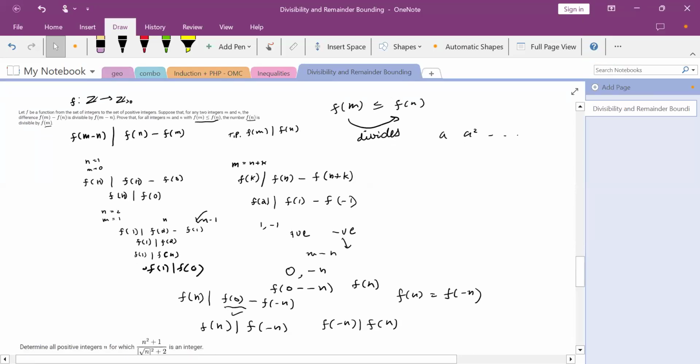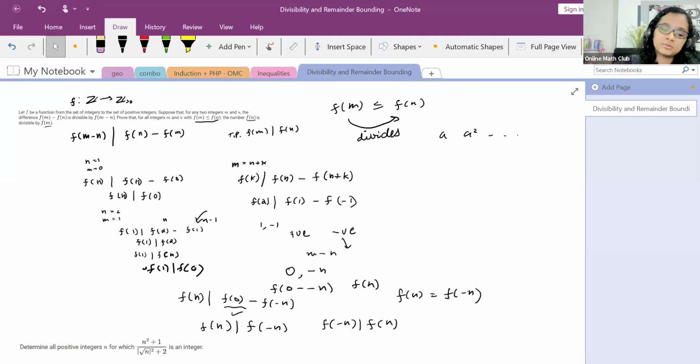I am thinking like putting n equals m minus 1. Your voice is kind of low. N equals m minus 1. Okay, so then you're getting... yeah, this is kind of what we did before.